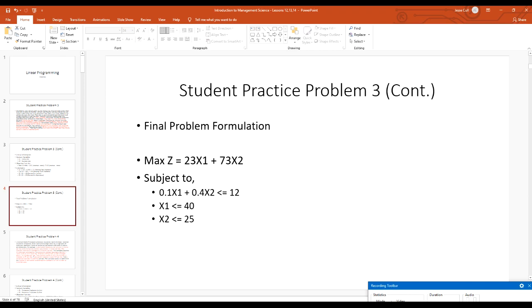We also know that x1 is less than or equal to 40, meaning demand for homes will be less than or equal to 40, and x2 is less than or equal to 25, meaning demand for business parking lots will be less than or equal to 25.